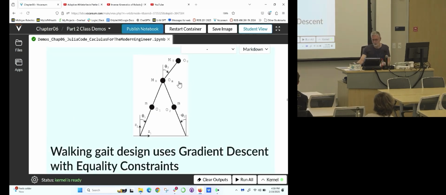Now, if you're designing a walking gait for this robot, what are the parameters that you can change? Well, there's a motor at the hip for the left leg, and there's a motor at the hip for the right leg.